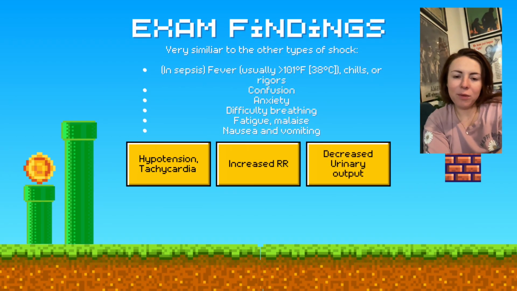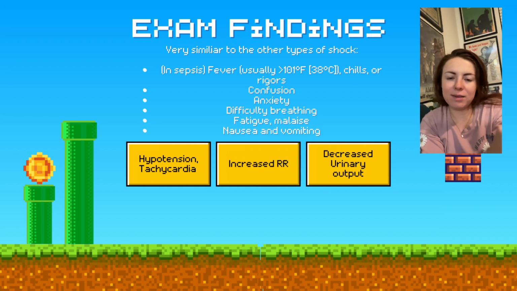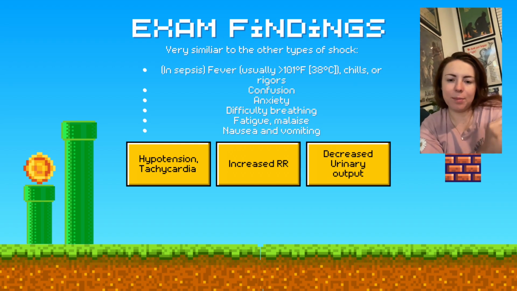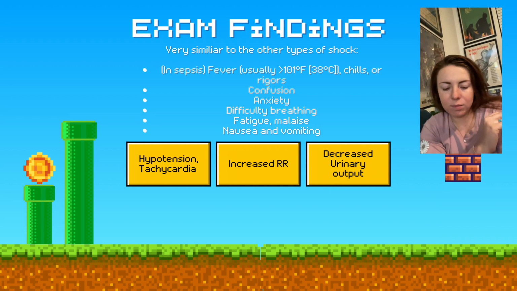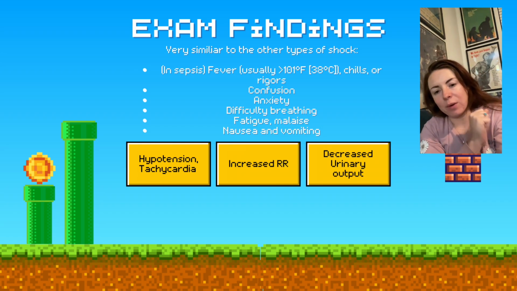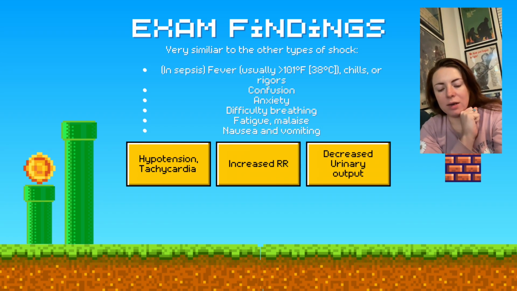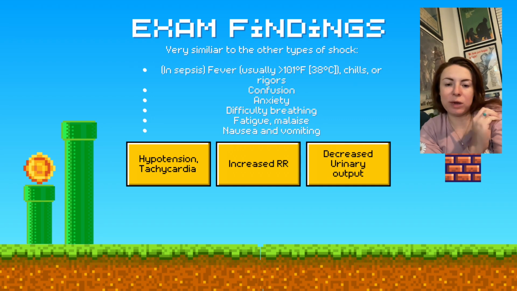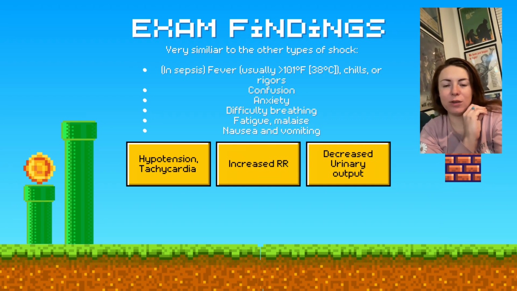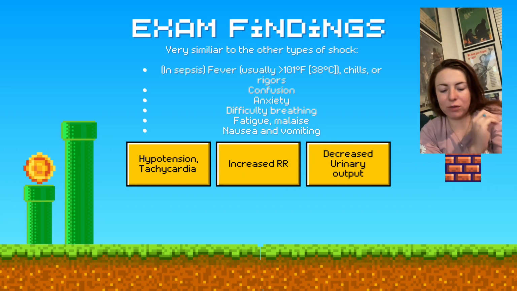So before I go through these exam findings, I just want to break down what sepsis is. Sepsis is a life-threatening organ dysfunction resulting from a dysregulated host response to infection with severe circulatory, cellular, and metabolic abnormalities.